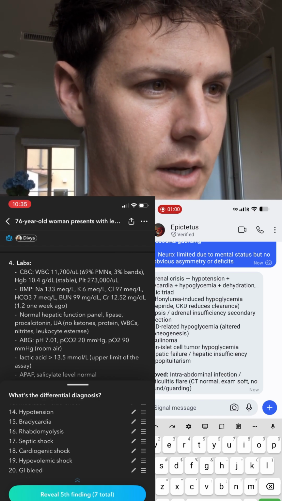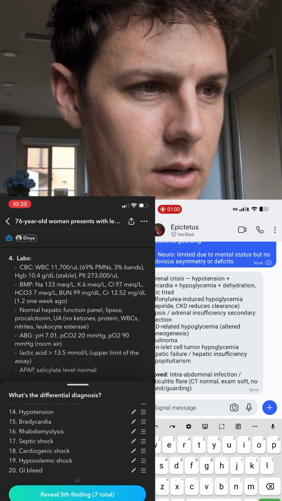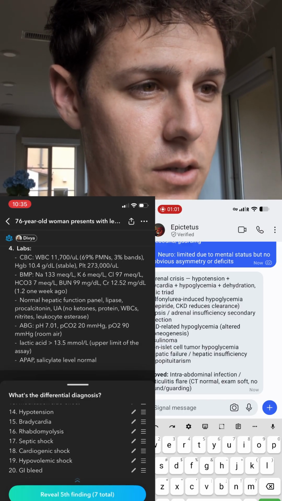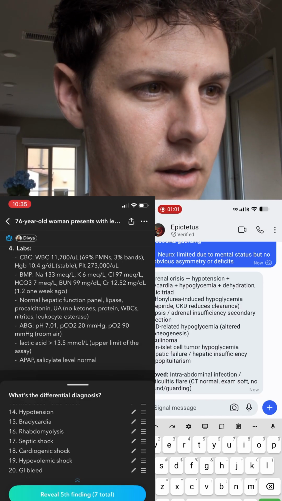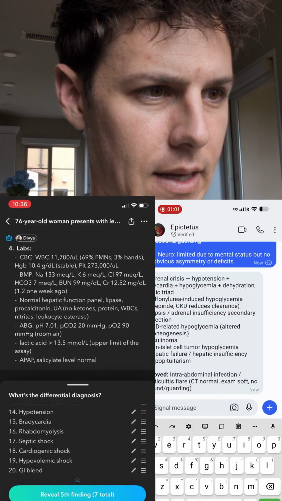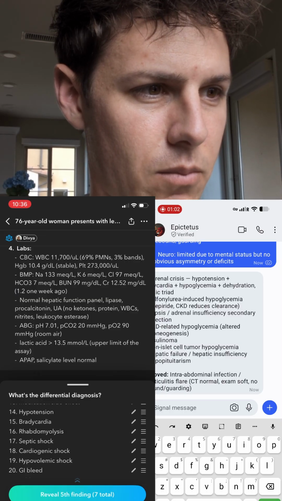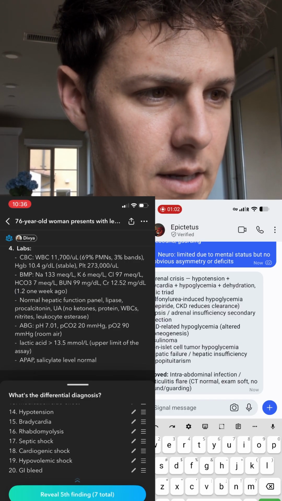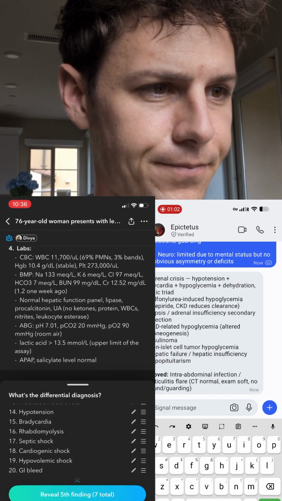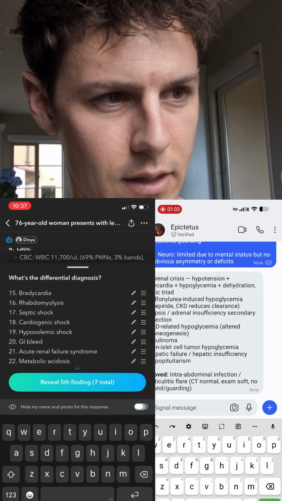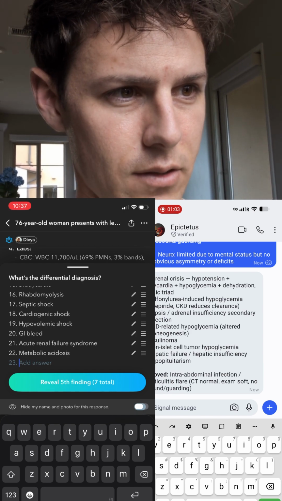Normal hepatic function panel, lipase, procalcitonin, UA. ABG is with a pH of 7.01, PCO2 of 20, a PO2 of 90 on room air. Lactic acid is greater than 13.5. APAP and salicylate levels are normal. Acute renal failure, metabolic acidosis, lactic acidosis.